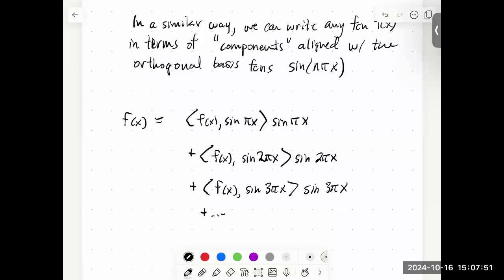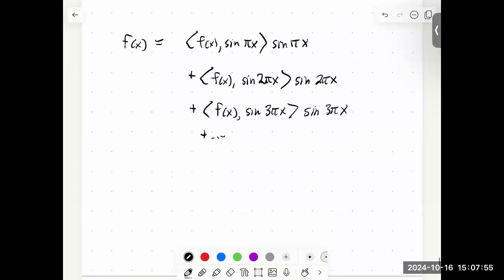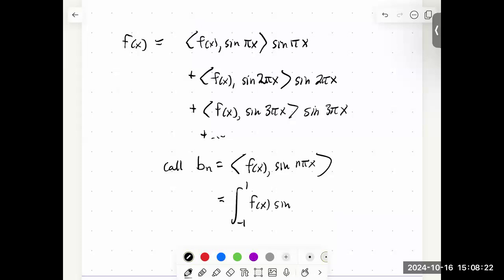All right, I could maybe write this a little bit nicer. Let me call the coefficients Bn, and I'm going to set those just to be the inner products. In general, it would be n pi x. If we write down what the inner product actually is, it's the integral over the domain of f of x sine n pi x dx.